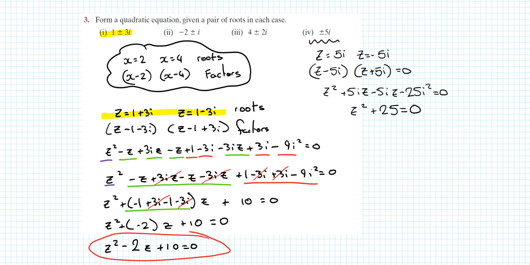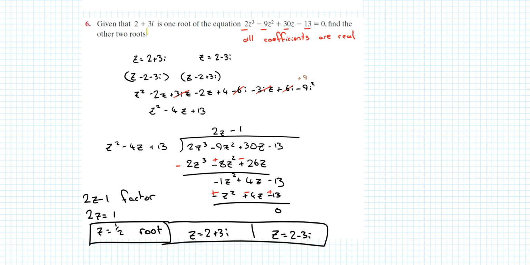Okay, what next? So how about this question? They tell us it's a root. We know for a fact it's a root. And now look at the coefficients. Brilliant. I know the coefficients and the constant are all real. So that means I know that the conjugate is also a root. I can use the complex conjugate roots theorem.